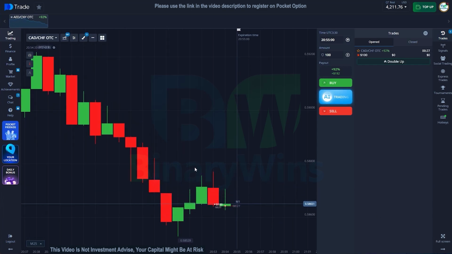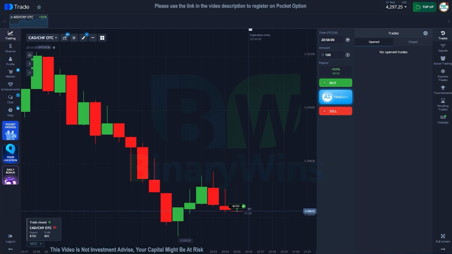The shadow of the red candlestick has created an effective level with the green candlestick. Our trend is a downtrend, and the red candlestick has created a new low relative to the green candlestick. So that's why I entered the lower trade in the downtrend. Very good.